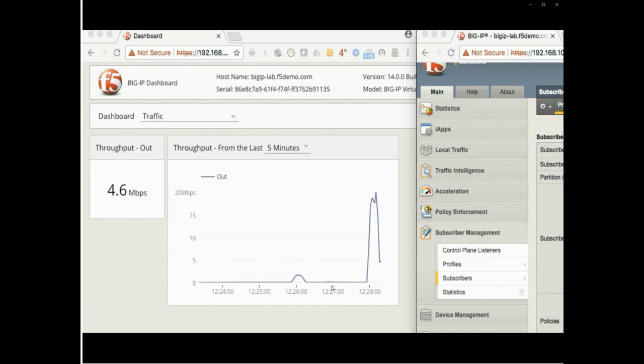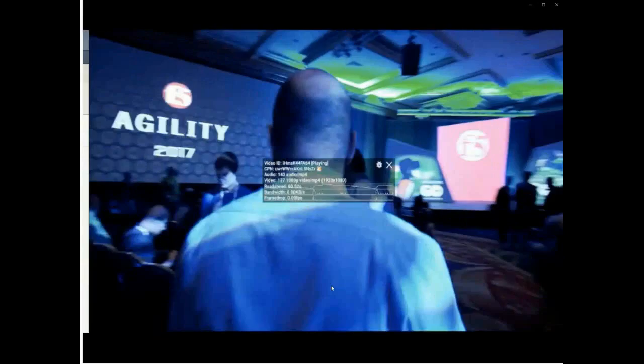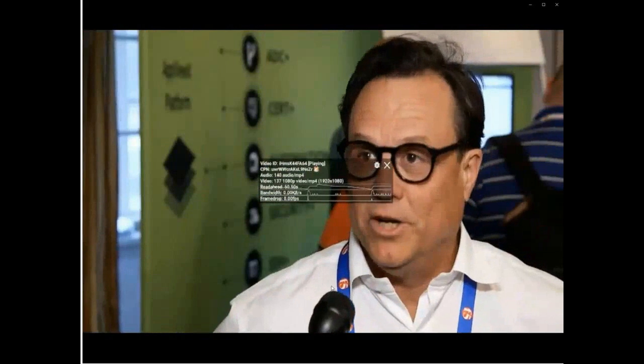There is no burst because the content provider itself is spacing the video, or maybe there is already something in the middle of the network that is spacing the video. But the video is spaced at around 5 megabits per second. So when we play the video, we see the video at full HD. It's 1080p, and the buffering is around 60 seconds. So what we do here, we accelerate now the video.